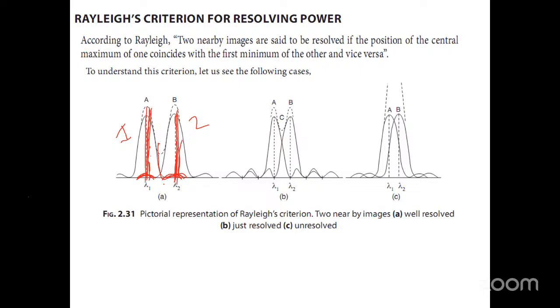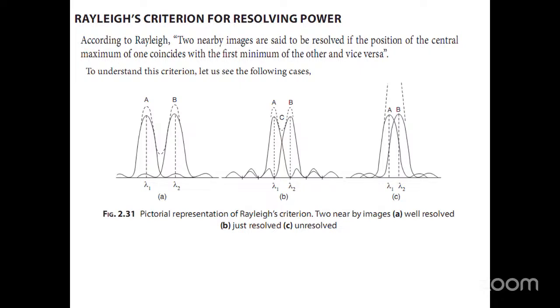So you can say that these two are resolved. The wavelength of the first one is lambda 1, the wavelength of the second one is lambda 2. In between them, there is a dip. You can easily observe that.